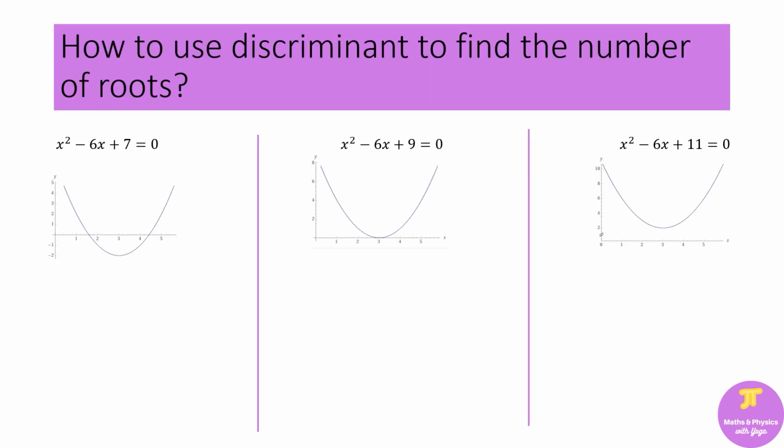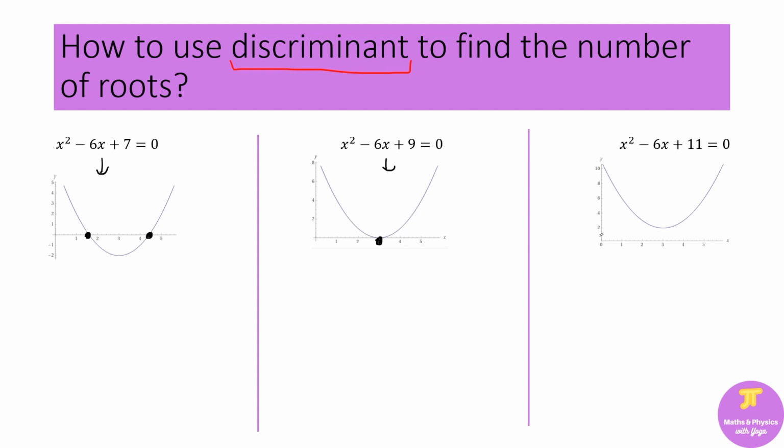Let's see how we can use the discriminant to find out the number of roots for a given quadratic equation. We have seen these graphs and formulas in the last lecture, and we already know this graph has two roots. These are the two roots. This graph has only one root, and this graph has no roots.